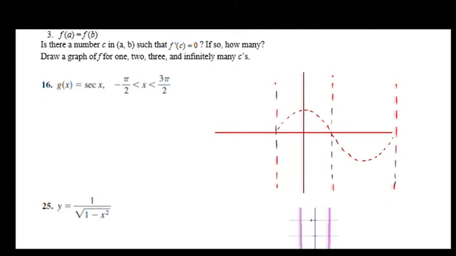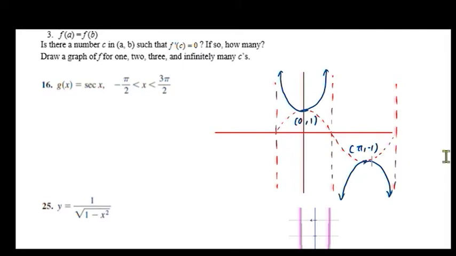So our secant will look like this and look like that. And this point is (0, 1), and this point right there is, 3 pi over 2? No. What is that point right there? Pi, right? Pi and negative 1. So that is within this domain. So this thing exists from here all the way to there, right?